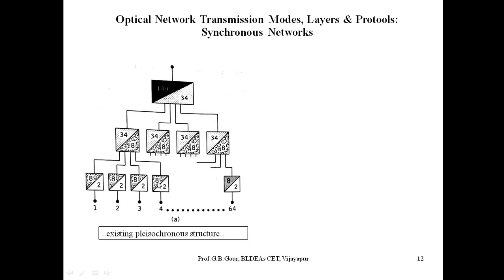Remember, the 8 doesn't mean we are not getting 8; we are getting 8 here, not there. It is just a notation telling you that you are combining 4 such PCM primary channels supporting 2 Mbps each to give you 8 Mbps. Similarly, 4 such 8 Mbps channels are combined here to support 34.